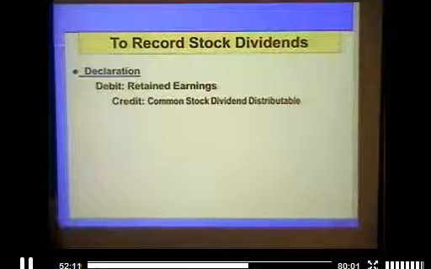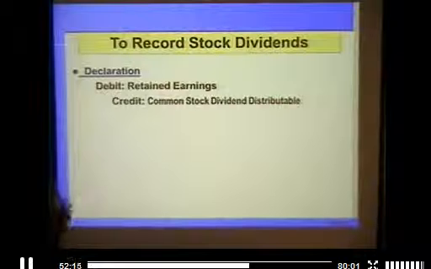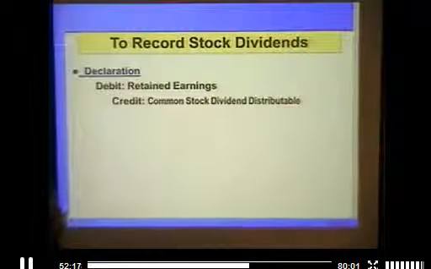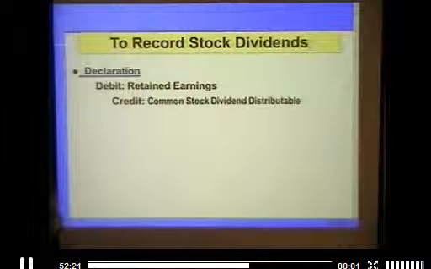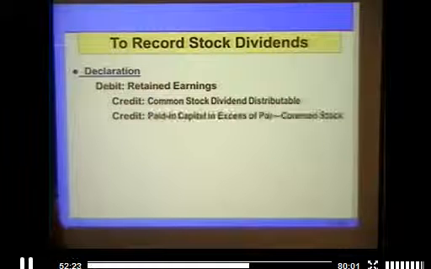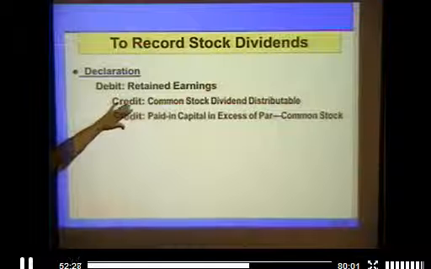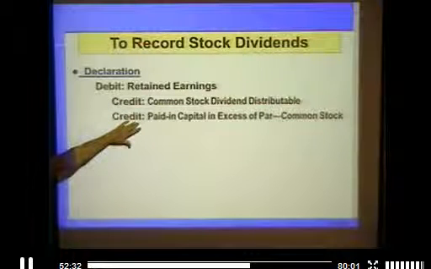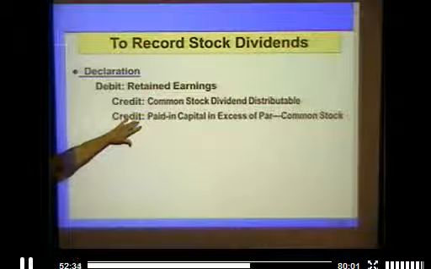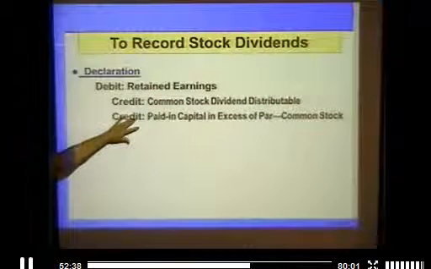Okay. So whatever we take out of retained earnings, and whatever reason we're taking it out, we put it in that special account to show what those retained earnings are allocated for. You're going to do that for the par value, and then if we distributed stock that was worth more, the rest of it goes in paid-in capital in excess of par.